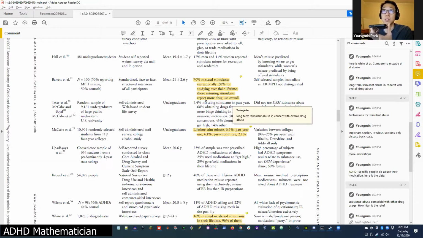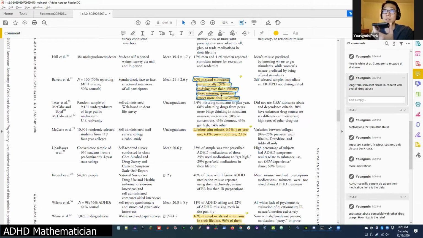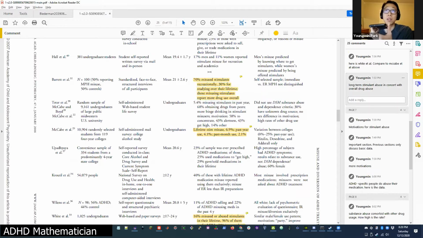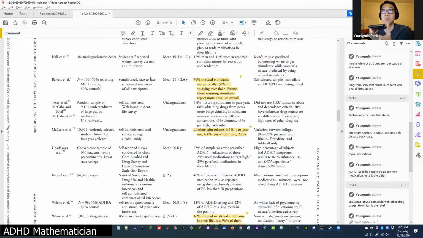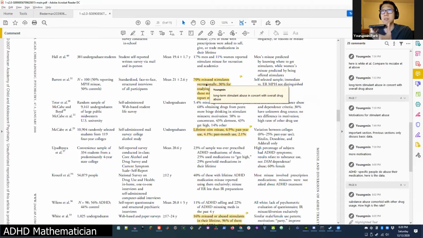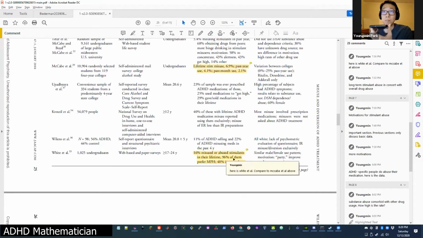Those using stimulants report more drug use overall. So that second part is consistent with what I was just saying. And the first part, again, I don't understand. So this is what I mean by I don't know how to interpret these meta studies. It's nice that they have this table summarizing things, but 70% of what part of the sample size reported misusing what? So anyways, that's a little beside the point.